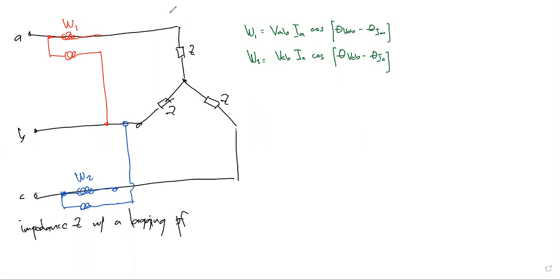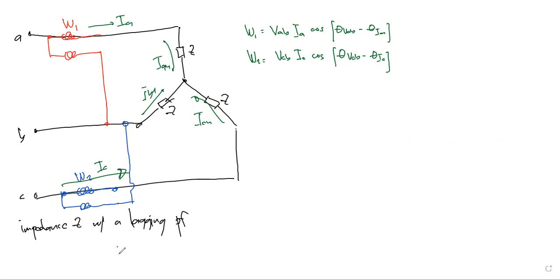So we will have the following. This would be IA, this one is IC, and of course, shall we say, IAN, IBN, and this would be ICN.